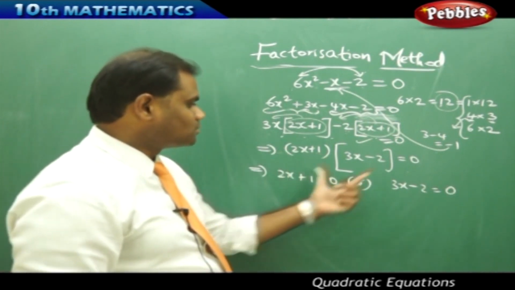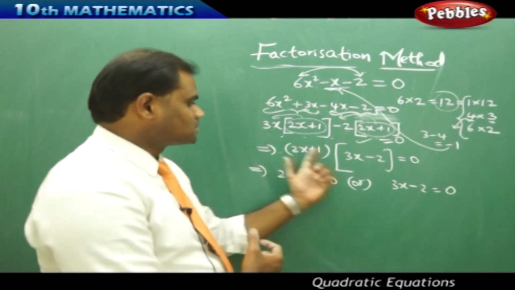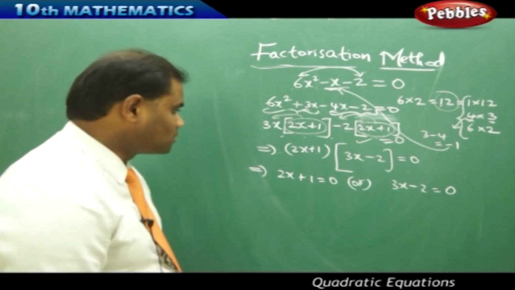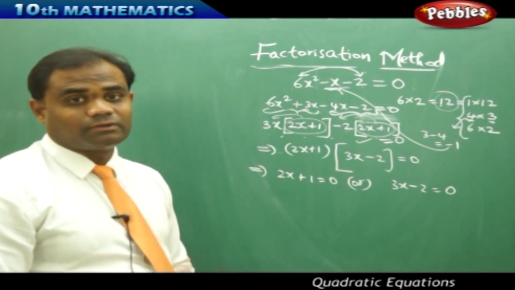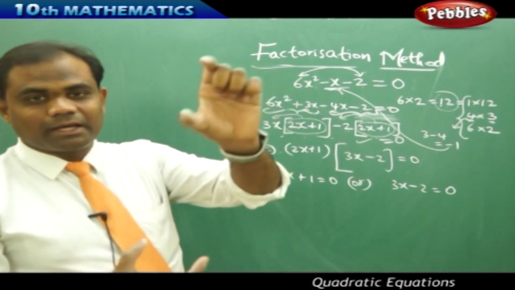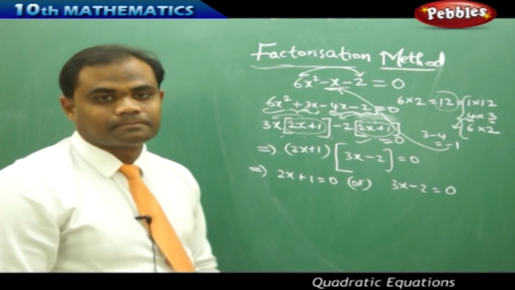Either this equal to 0 or this equal to 0 is what, when combined, gives the product equal to 0. It's not compulsory that both of them should be 0. Even if one of them is 0, then 0 multiplied by any non-zero number will give back 0, is how we understand this factor concept.